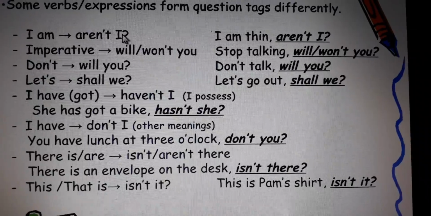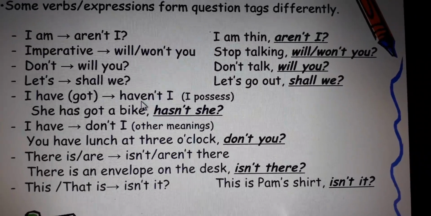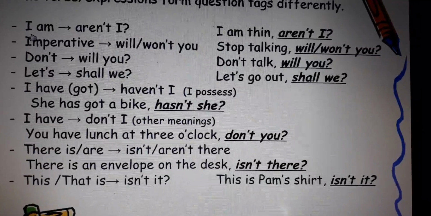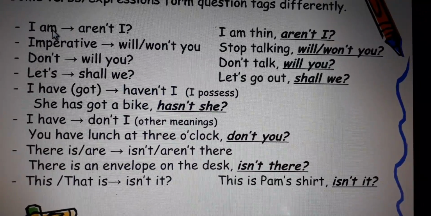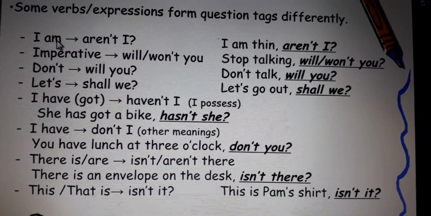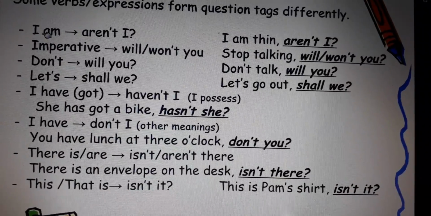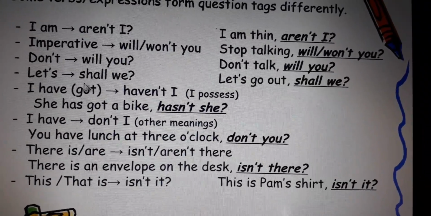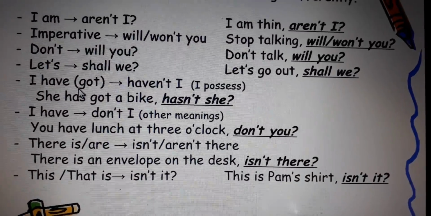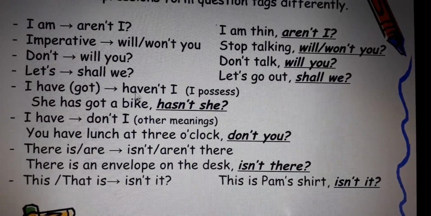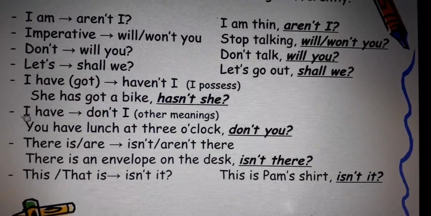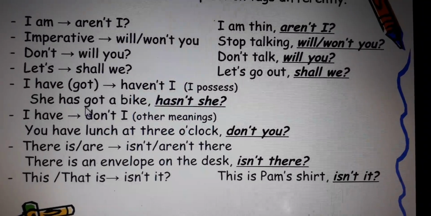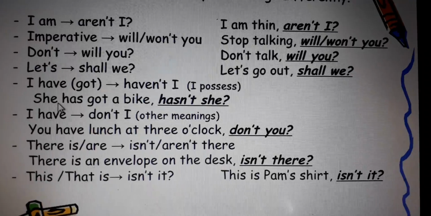I am telling you what question tag you are going to provide if the sentence starts with I and am as a helping verb. It is not written as am I, it will be written as aren't I. The same with other examples I am discussing here. I have will be written as haven't I. She has got a bike, hasn't she? Right?